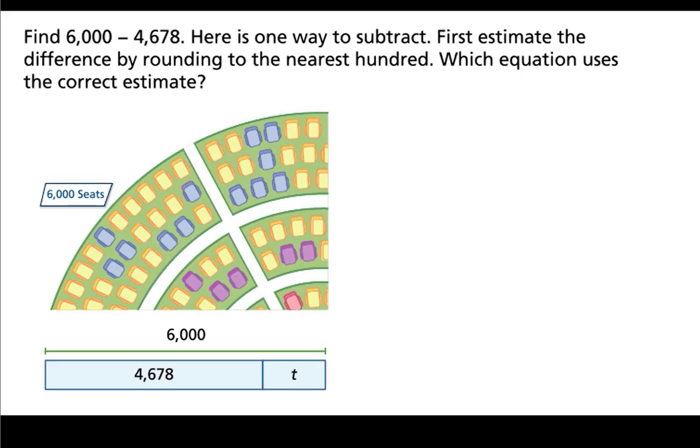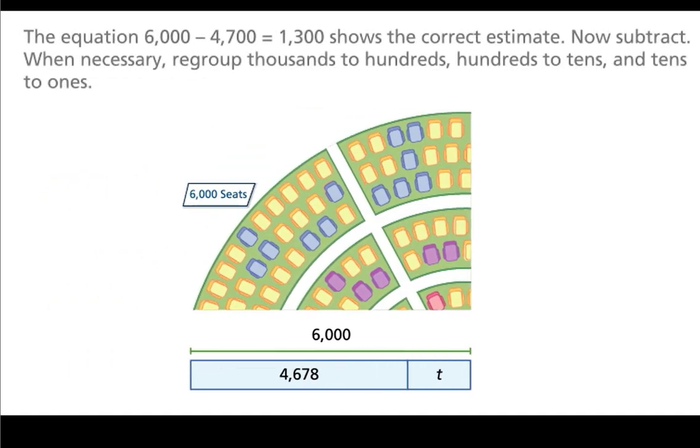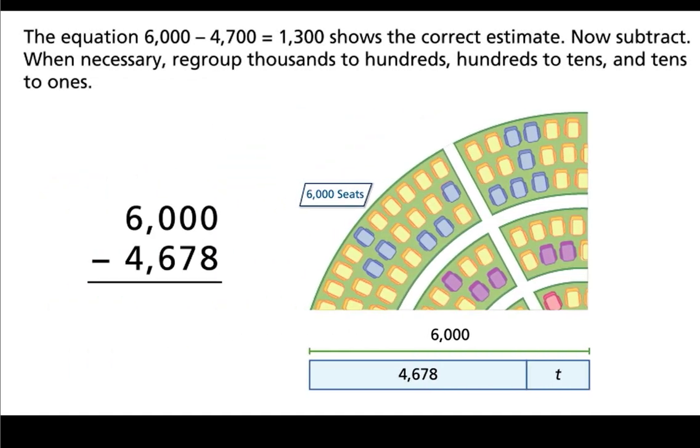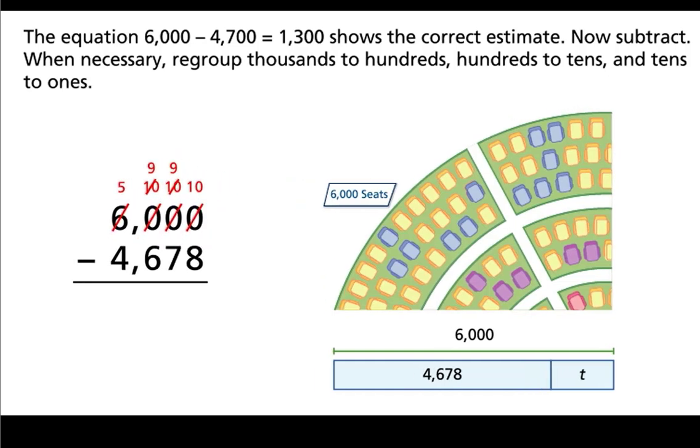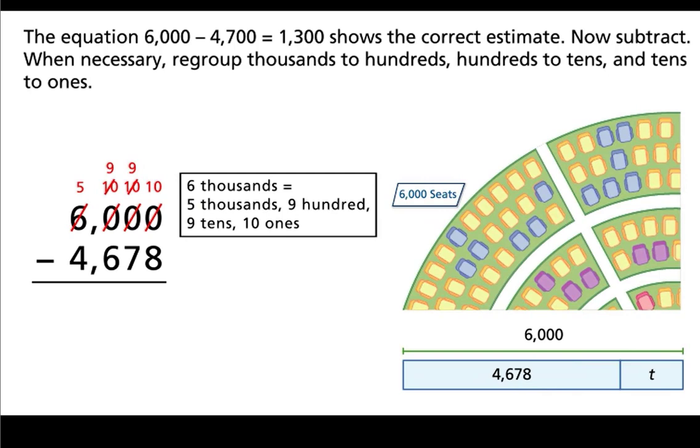First, estimate the difference by rounding to the nearest hundred. Which equation uses the correct estimate? The equation 6,000 minus 4,700 equals 1,300 shows the correct estimate. Now subtract. When necessary, regroup thousands to hundreds, hundreds to tens, and tens to ones.